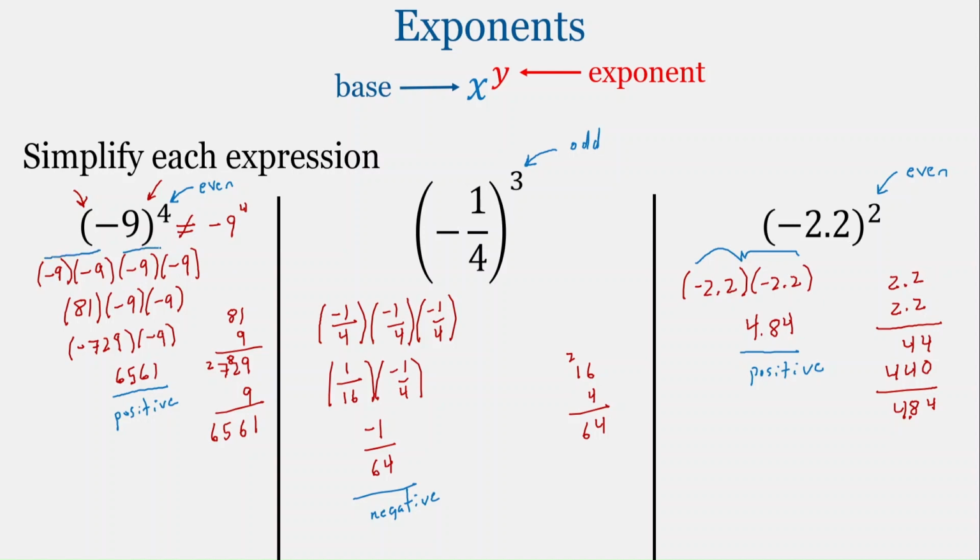And then another pair here. And so we end up with a negative times a negative, which is a positive. But when we have an odd exponent, like for 3, again we have a pair. And so this will be positive. But then we always have one negative left over. And so the answer is negative.